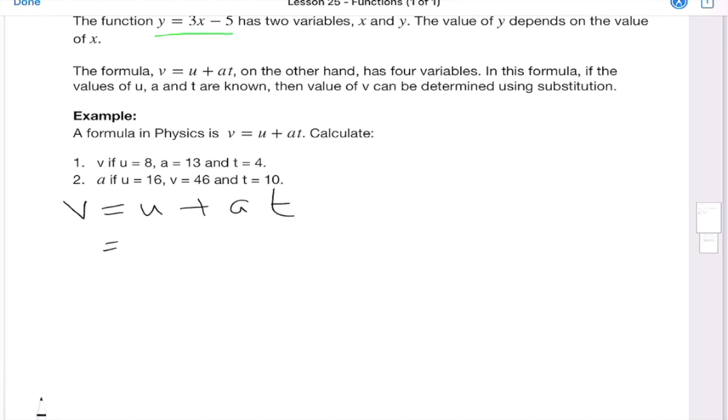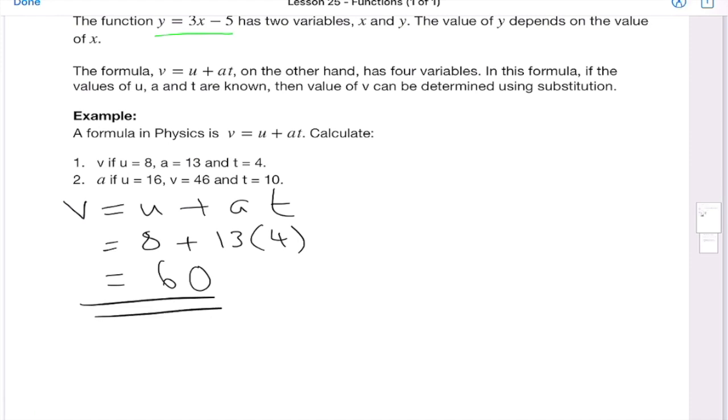This time we know u is 8, a is equal to 13, and t is equal to 4. So we just substitute and simplify or work out the answer. I think we'll get v is equal to 60.